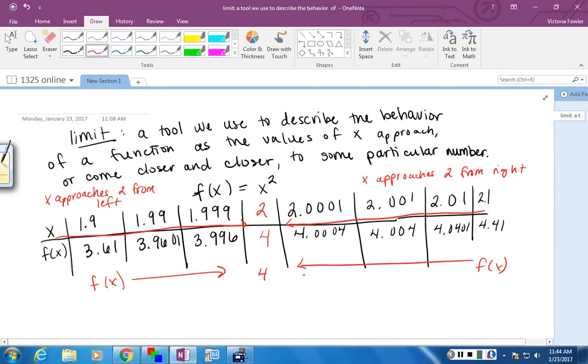So this table suggests that as x gets closer and closer to 2 from either side, f of x gets closer and closer to 4. So this isn't surprising. I mean, we actually know, as we have written above, that f of 2 is equal to 4. And by a graph, we would also see this as well.